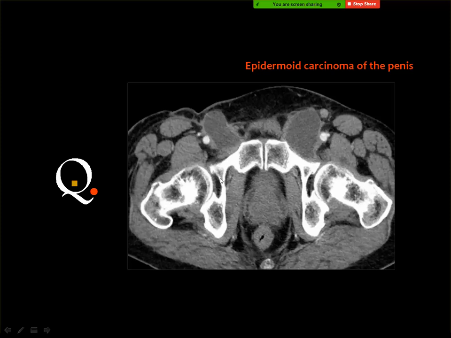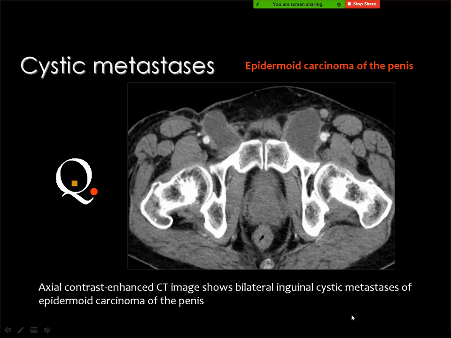For the first look, you may imagine that these are inguinal hernias, but hernias do not contain fluid. They contain fat or even bowel loops sometimes. And these are metastatic lymph nodes from this epidermoid carcinoma.